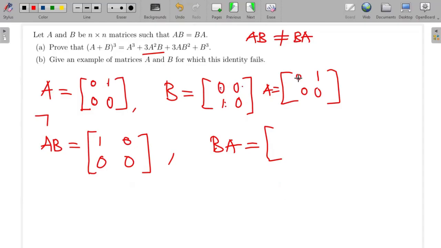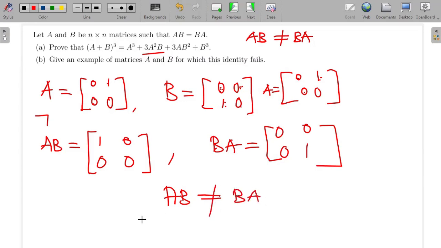So 0 with the 0 plus 0 with the 0, I get 0. Already this is not equal because here there's 1, here there's 0. 0 with the 1, 0, 0 with the 0, 0. 1 with the 0 plus 0 with the 0, 0. 1 with the 1, 1, 0 with the 0, 1. Okay, so we can clearly see here that AB is not equal to BA.